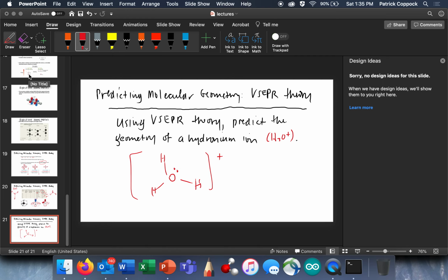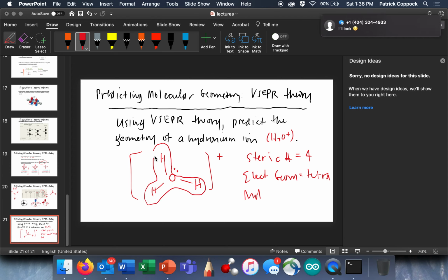So if that is the Lewis dot structure, its steric number is equal to 4, right? And so its electronic geometry is tetrahedral. But its molecular geometry is going to be defined by just those 3 atoms right there.